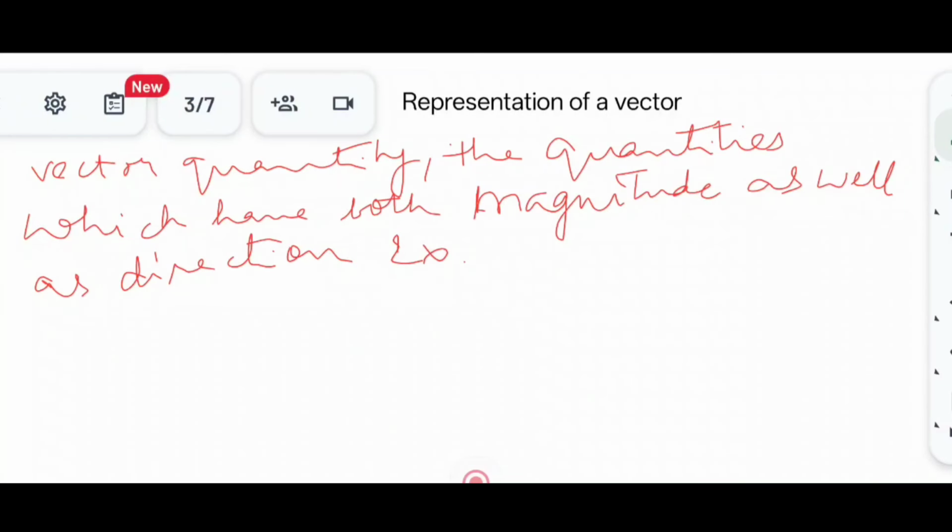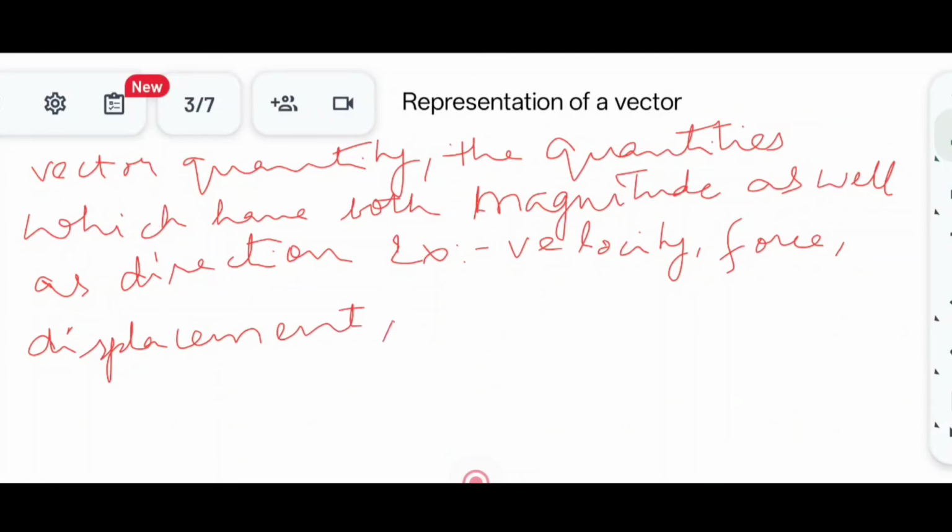Examples: velocity, force, displacement, then acceleration. Such quantities which have magnitude as well as direction are known as vector quantities.